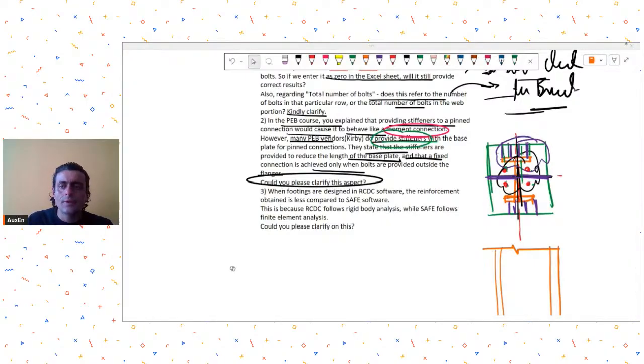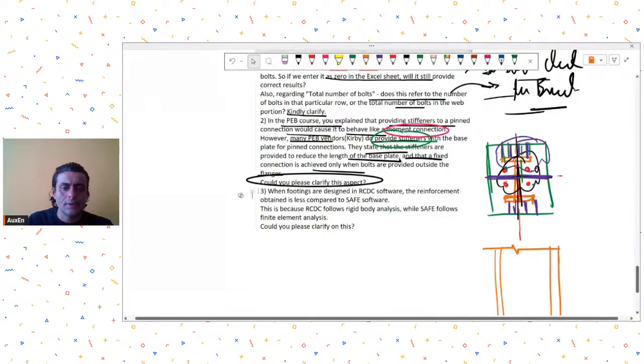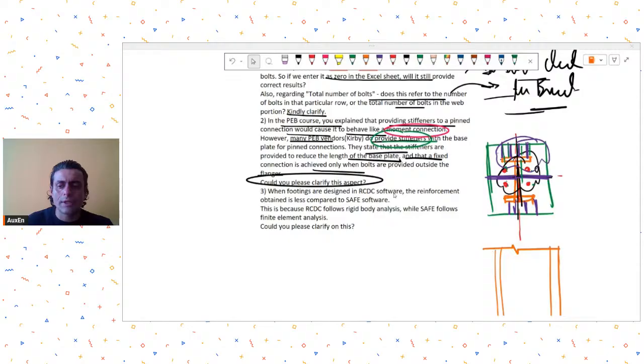Okay. So I hope this answers your query. To summarize, what the Kirby people are saying is not incorrect, but we would like to avoid stiffeners as much as possible in a pin connection.